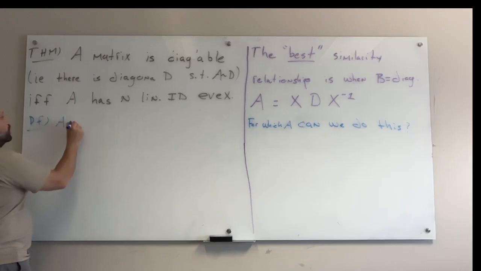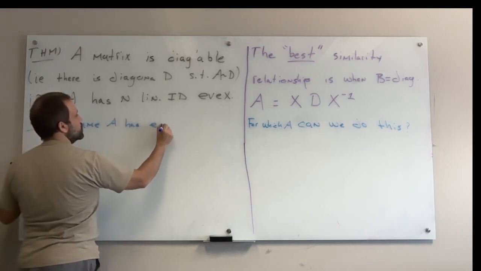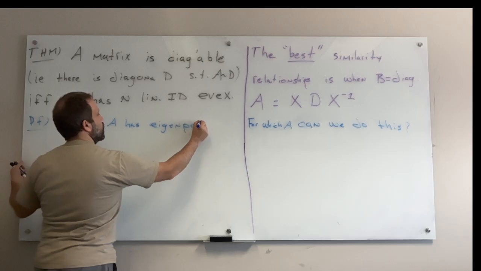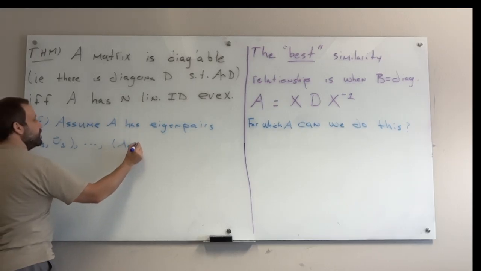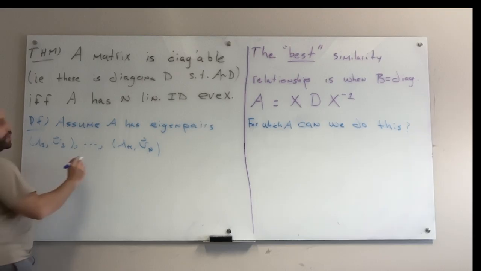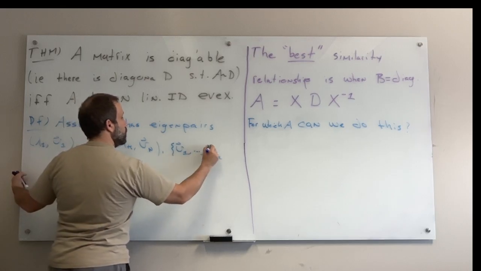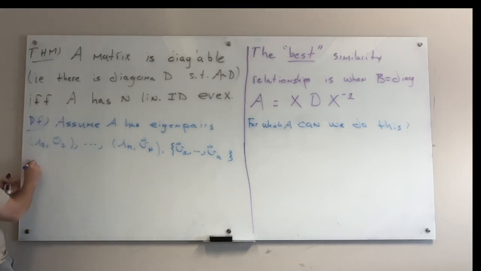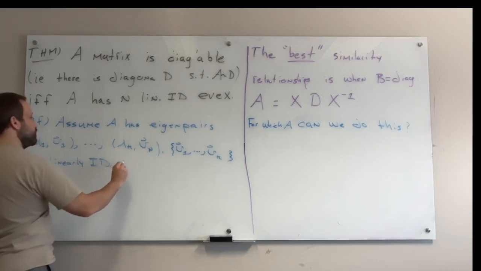So assume A has the eigenpairs lambda 1, v1, through lambda n, vn, and we're going to assume that this set of vectors v1 through vn are linearly independent.